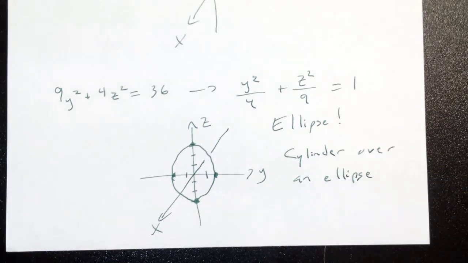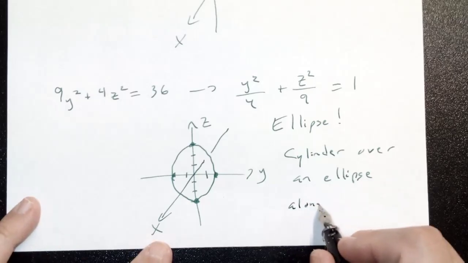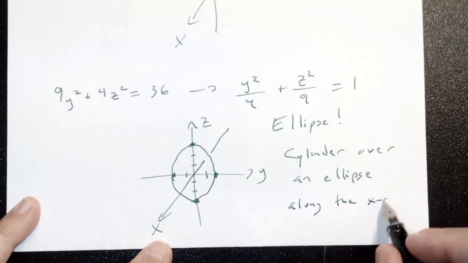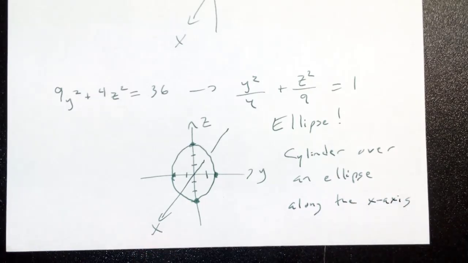Now, sometimes we'll actually say it's over an ellipse and it's along the direction of the rulings. So this particular cylinder lives over an ellipse along the x-axis.